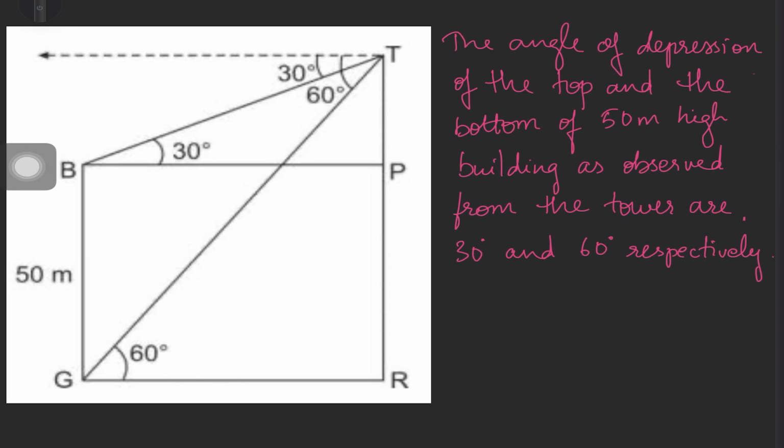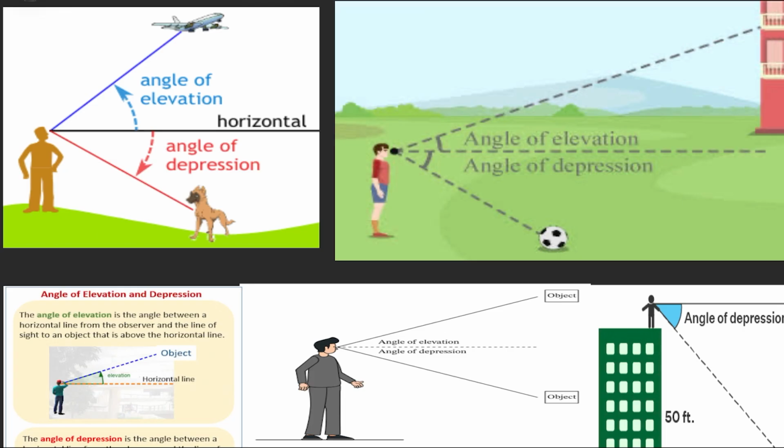This is the first step where you people get confused, and you will be confused to mark 30° and 60°. So first let us see how to mark this 30° and 60° when it is given as angle of depression. Here are a few daily life examples. Here is the observer and his line of sight, where the vision is going to be observed, that is the normal ray, 90°.